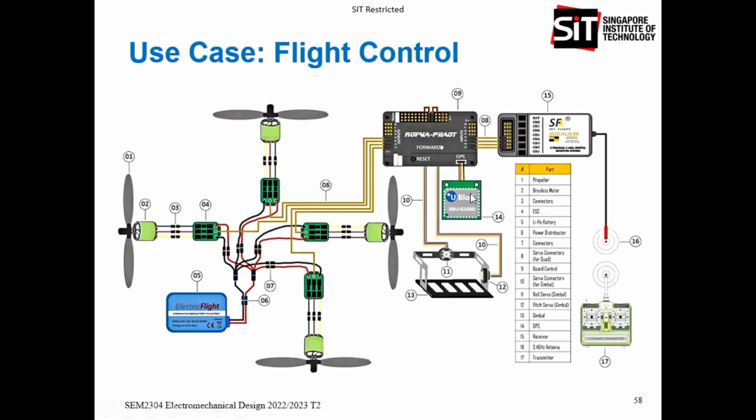UWB is an ultra-wideband beacon that can provide you with very accurate positioning. And then if you want to do things like observation, you may want to have a camera. This camera can go onto a gimbal so that you stabilize the image. And all these things are done by one main microcontroller.